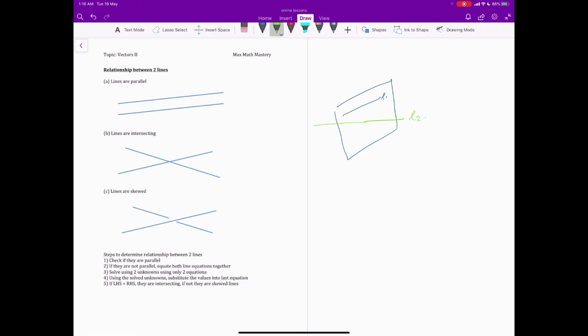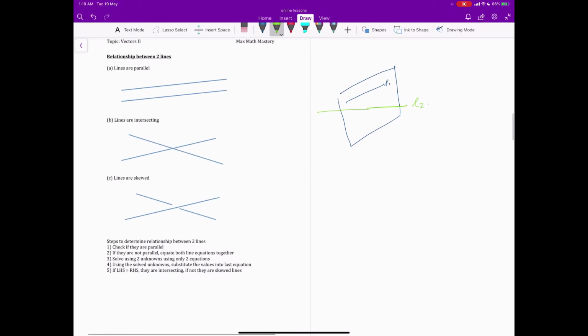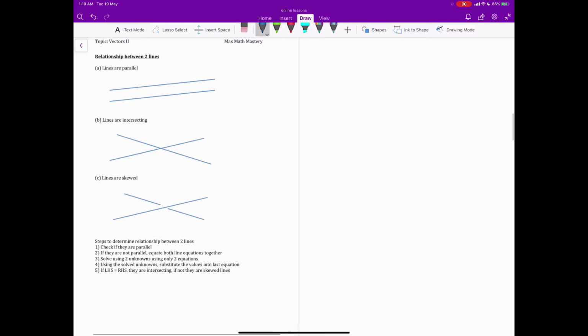So for these three different kinds of relationships, how do I determine what kind of relationship two lines share? For example, I'm going to give you two line equations, and I'm going to determine the relationship between these two lines. Let's say L1 is r = (1, 0, 2) + λ(1, 4, 7).